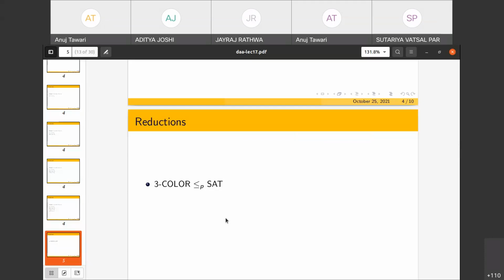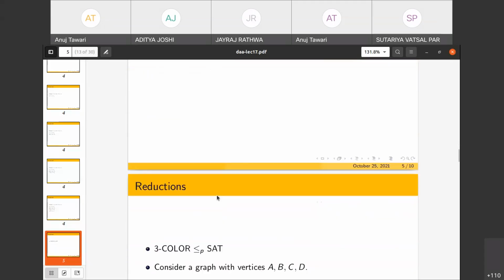So, how are we going to model this 3-color problem using a SAT formula, a Boolean formula? Okay, so the task is really simple: whatever constraints you have, you write them as some satisfiability condition, some Boolean formula.